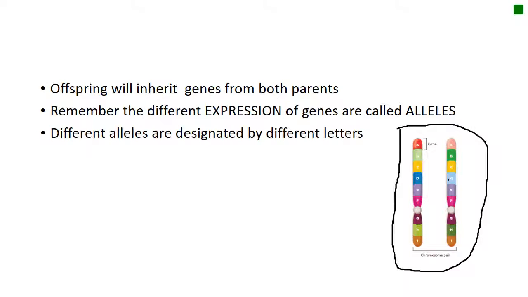So for example, here we have the letter A, and on the paired chromosome we have little a. Let's just say that this gene here codes for, let's start with something basic, eye color. Let's say that this is the location of the gene that codes for eye color.